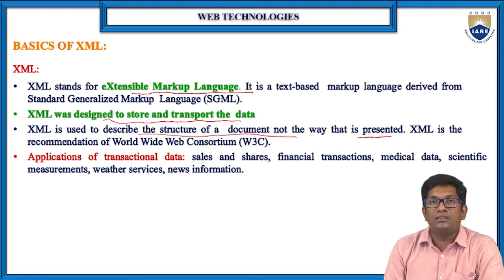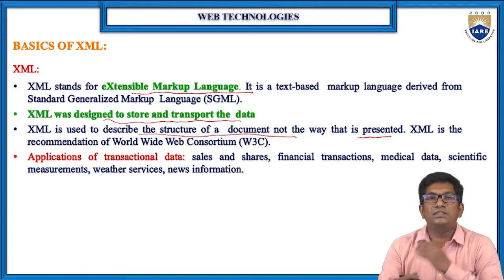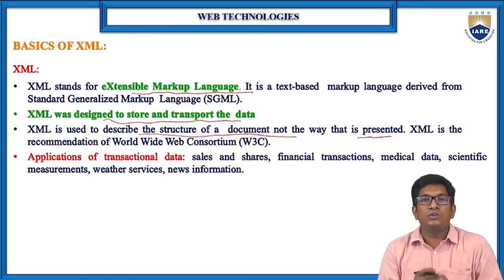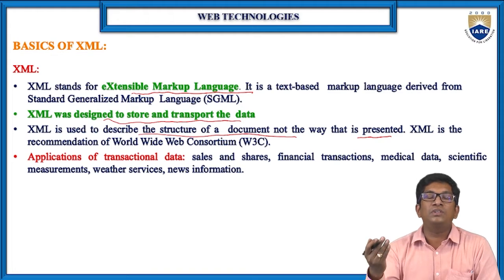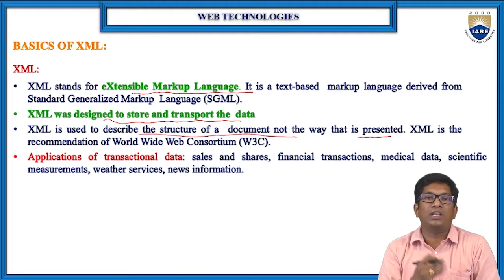Some of the transaction data, which we call textual data. In real time, in many applications, a large amount of data is generated every millisecond. So how to manage that data? That is possible by using XML. For storing and transferring data between client and server quickly, we can use databases like XML.